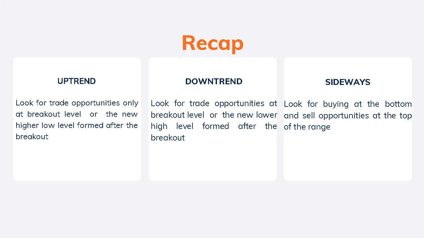In case of a sideways market, look for buying at the bottom of the range and sell opportunities at the top of the range. I hope this video has given you clarity on what levels to look at to trade.